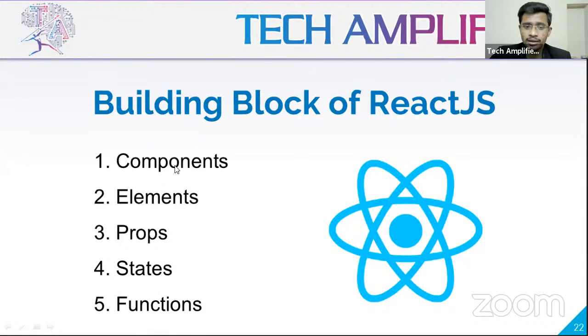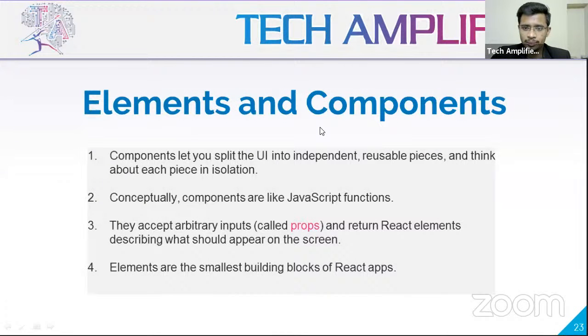Let's learn what a component is, and from here onwards we will shift to the IDE which we installed yesterday, where we will do the coding, the actual implementation. So what do I mean by components? Elements and components are the same kind of stuff. An element is a small part of a component. The example we saw earlier, const element equals an h1 tag with hello world, was an element because it was a small thing.